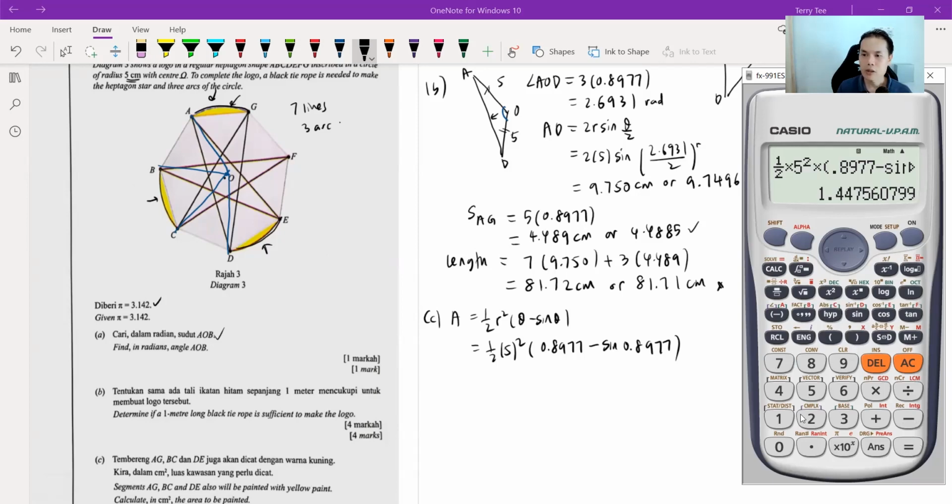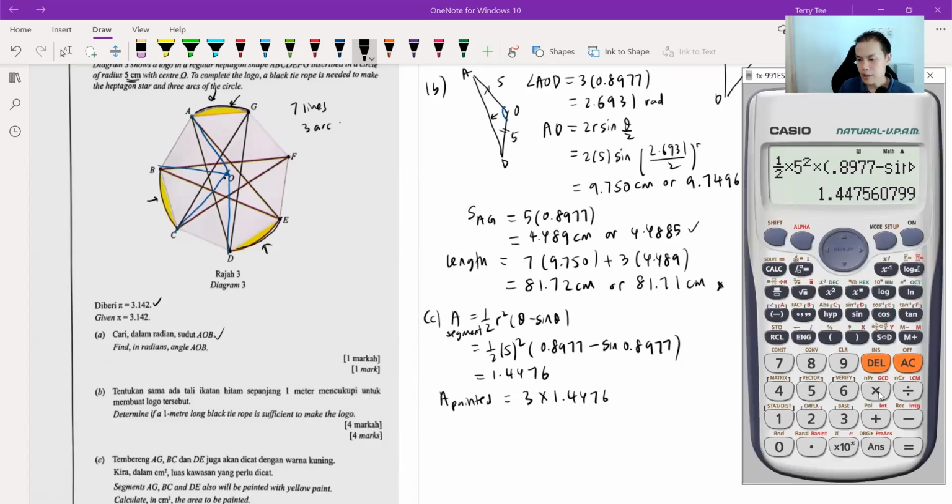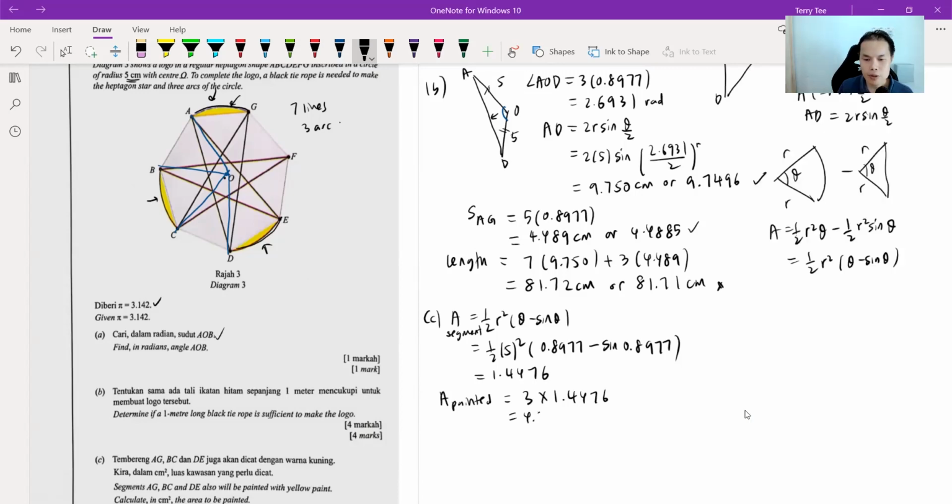I got 1.4476. You can actually do it directly. So this area of segment, this is the area to be painted, is actually 3 times this value. You can just times 3. I think the accuracy is more than enough: 4.343 square cm.